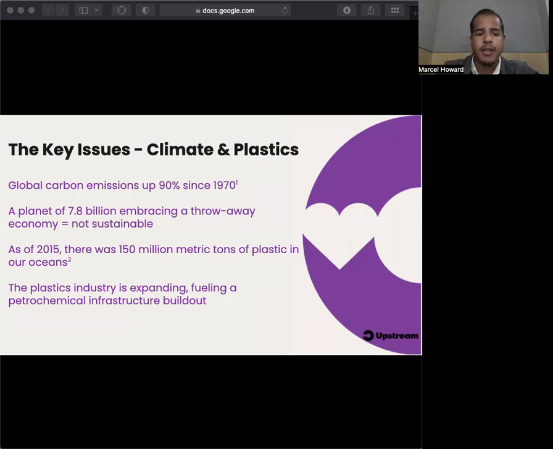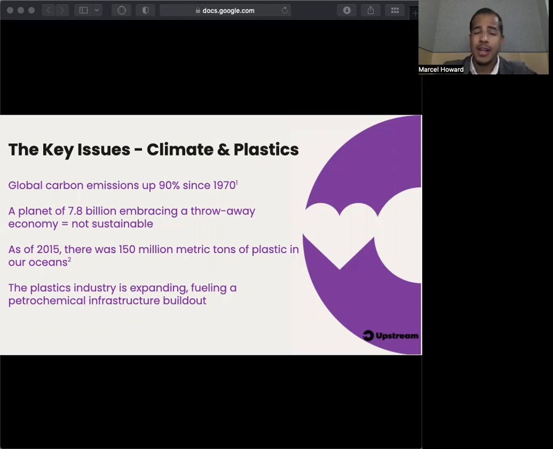This throwaway economy has caused there to be over 150 million metric tons of plastic in our oceans. And lastly, these issues are only being exacerbated by the further expansion of the plastics industry, specifically fueling a petrochemical infrastructure build-out, which disproportionately affects Black and Brown, low-income, and Indigenous communities.